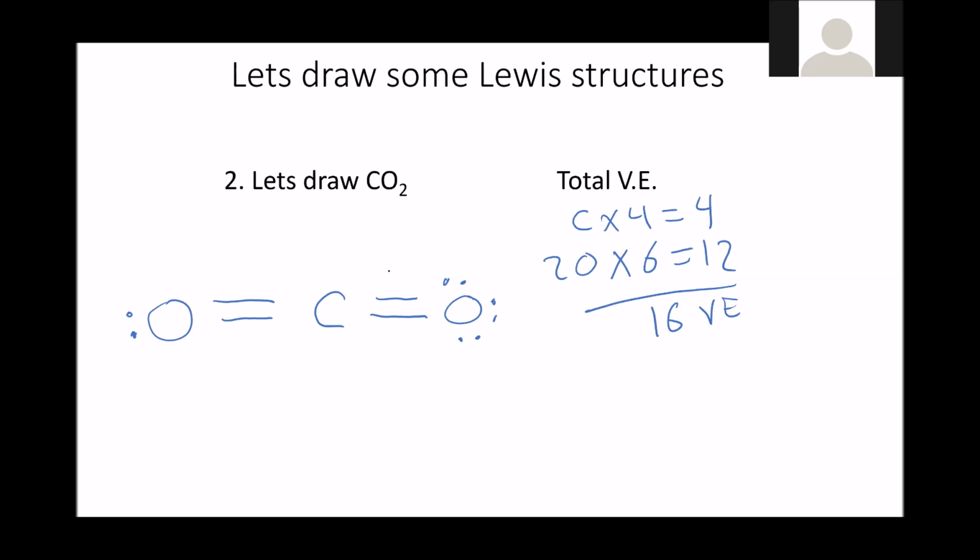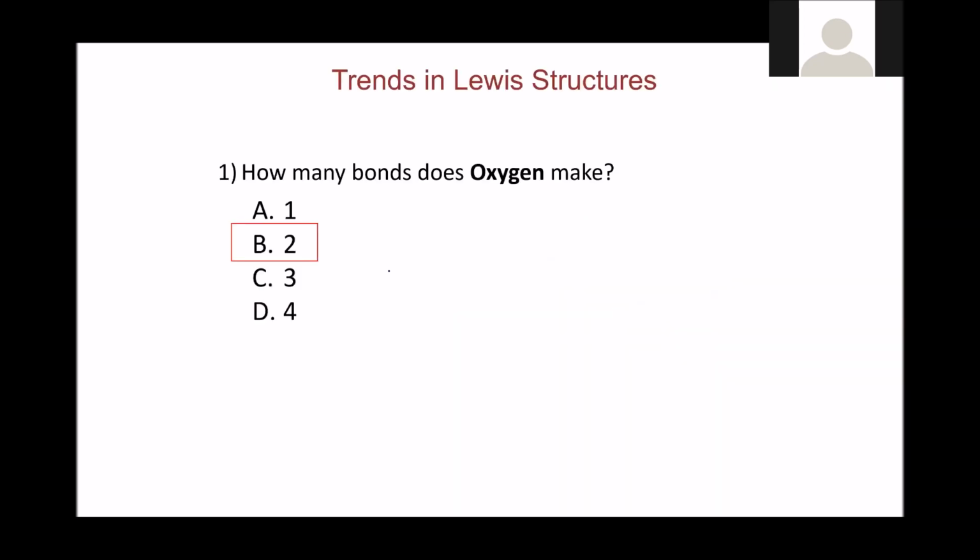Let's just emphasize a couple of points that might make it a lot simpler when you draw the Lewis structure. It is the number of bonds that each atom is usually favored to make in a molecule. How many valence electrons does oxygen have? 6.